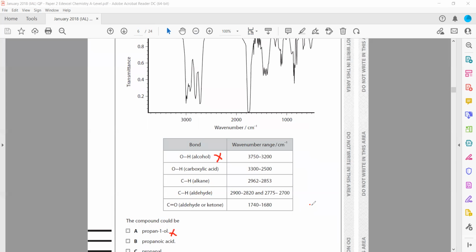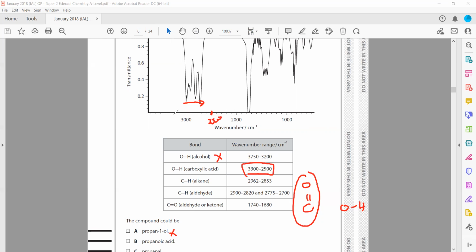For a carboxylic acid, there should be C double bonded with O, and there should be an OH, the OH of a carboxylic acid, at 3,300 to 2,500.